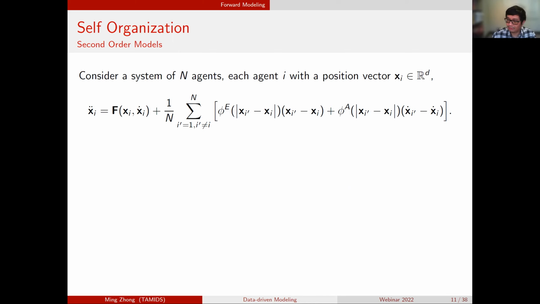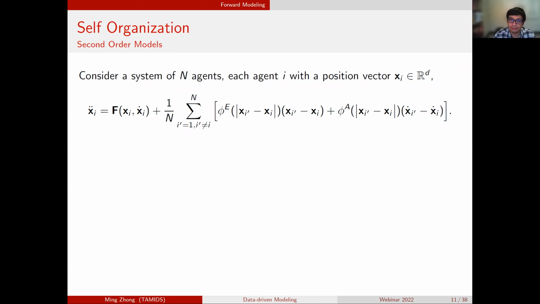Okay, then we can also talk about a second order dynamics where, this time, we're going to think of the state vector xi as only the position vector. Then the second time derivative, because xi is a position, becomes the acceleration. So the acceleration is some kind of external forcing plus still an average sum over the whole system.